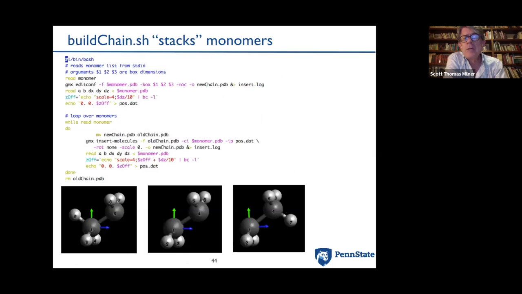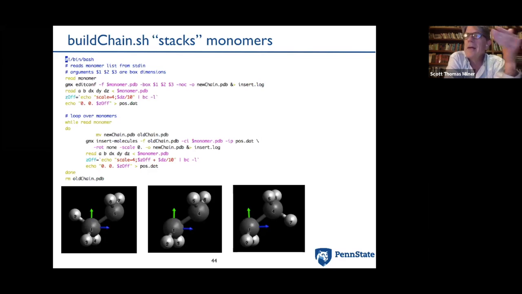What you can do instead is to build long PDB files from short little pieces, and we've written a script that does that. Essentially what you do is you make little pieces, and you can see three little pieces for polyethylene down there: the beginning, the middle, and the end.